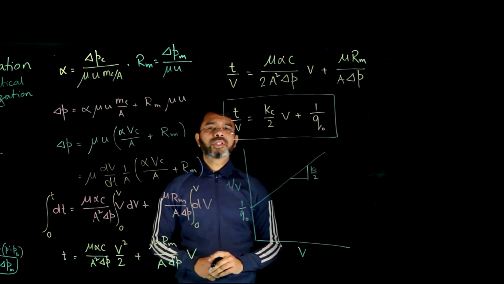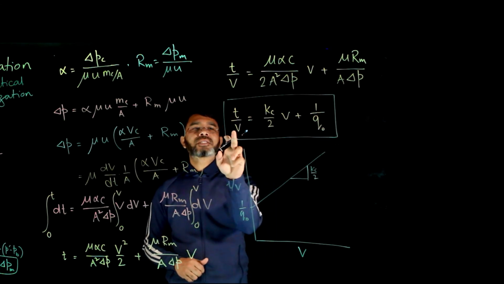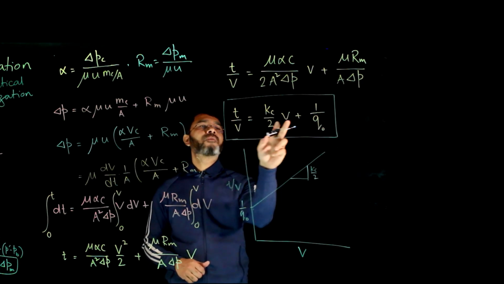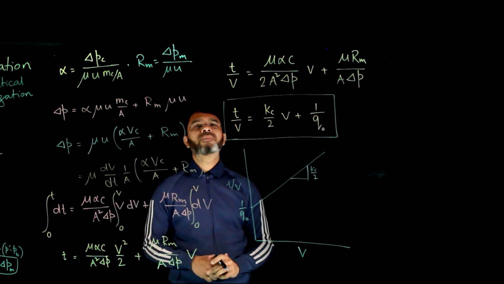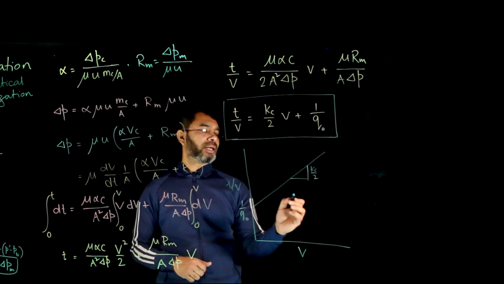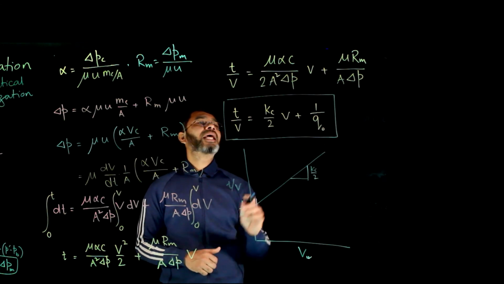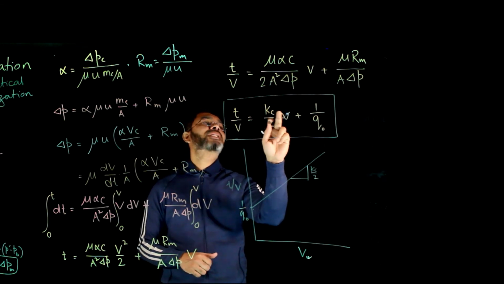So now if you go back to the two principles that we discussed at the beginning, the number 2 is that the final expression is obtained in the form of a straight line. That's the simplest possible relation that we can get. The other thing is that if you can measure the volume of filtrate, which is easy to measure, you can relate it to all these parameters Kc and q naught.